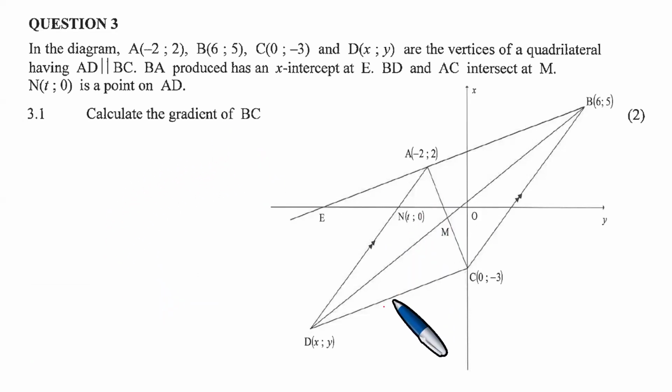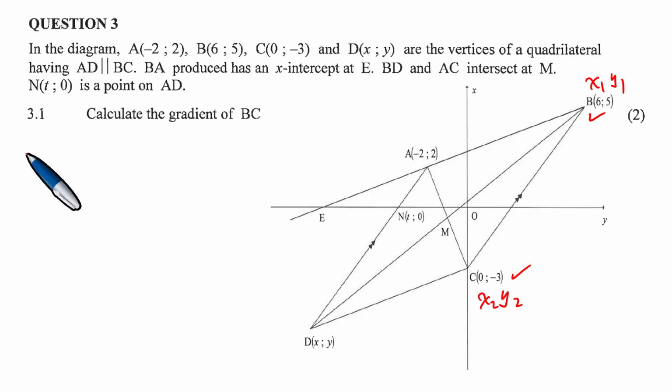If we have B and C, how do you find the gradient of BC? BC is like (x1, y1) and (x2, y2).